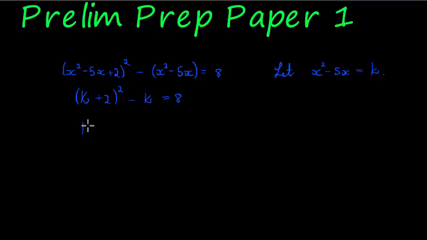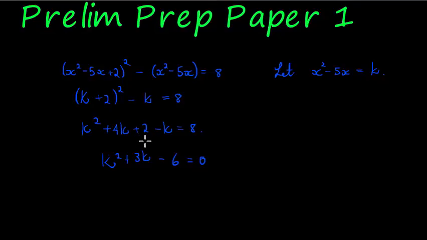And then this simplifies very easy to k squared plus 4k plus 2 minus k is equal to 8, and then we get k squared plus 3k minus 6 is equal to 0.